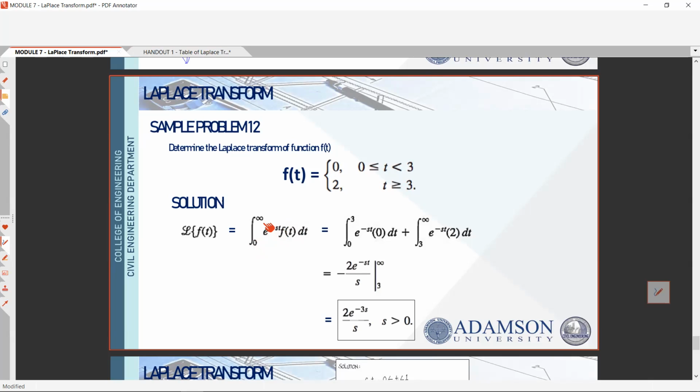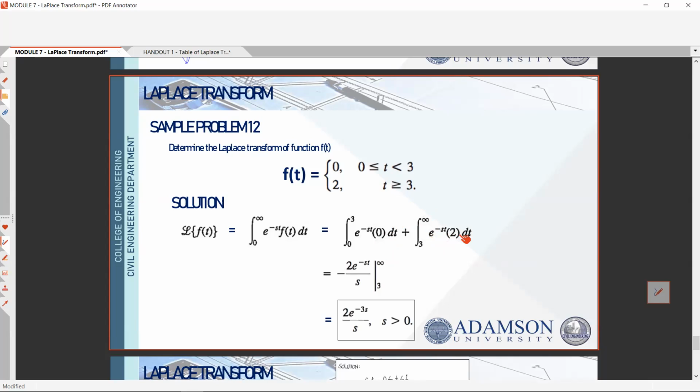Ngayon hahatiin mo yung 0 to infinity. Okay? So yung 0 to 3 na isa natin, yung f of t niya is 0. And next one, since greater than or equal to 3, that is 3 to positive infinity. So that is why yung lower and upper boundary natin is 3 and infinity. Okay, this one, 3 and infinity. Then substitute mo e raised to negative st times 2 dt.